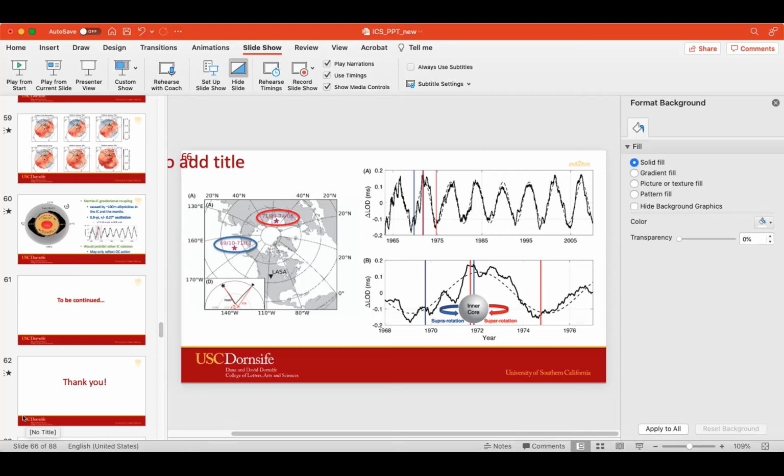As we know, the major component of the inner core is iron, and one of the most popular structures is HCP.